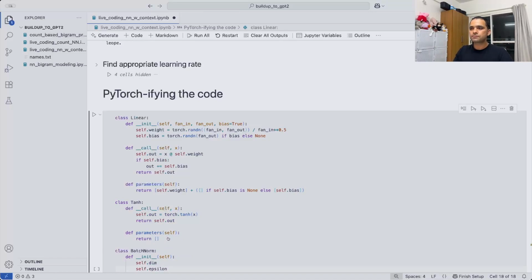So let me bring in the paper, the algorithm that was mentioned in the paper here. Or maybe we can go through the PyTorch batch normalization.